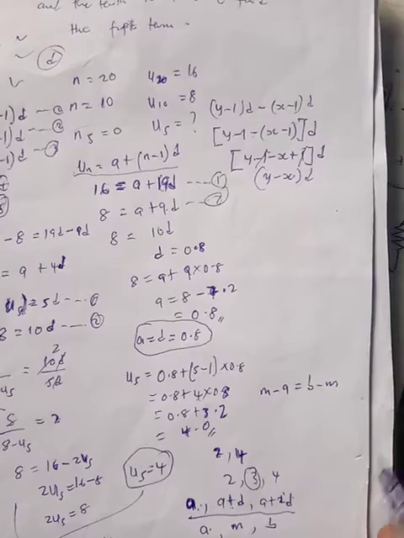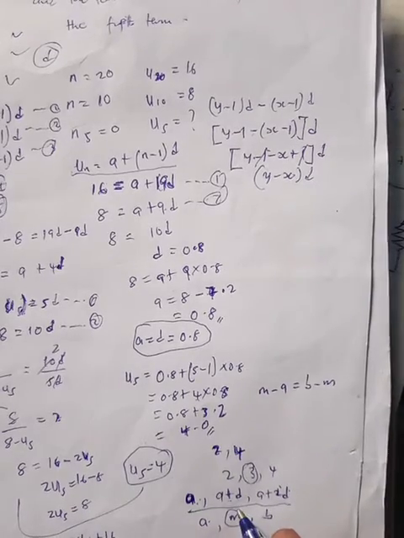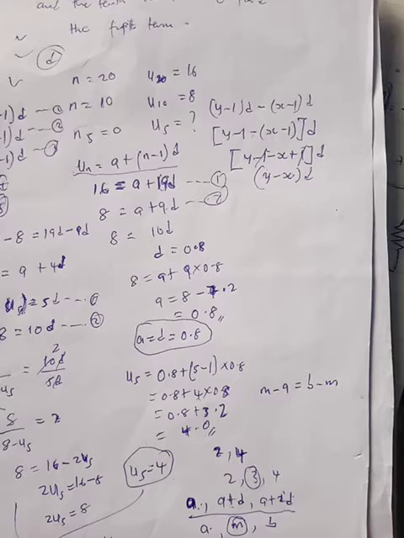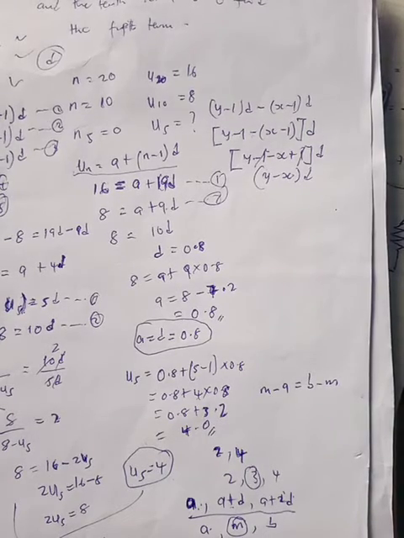Have you seen that, guys? But the arithmetic mean, I told you earlier on, is the one that separates two numbers, and the difference between it and either of the numbers is a constant. That is, those three numbers form an AP.